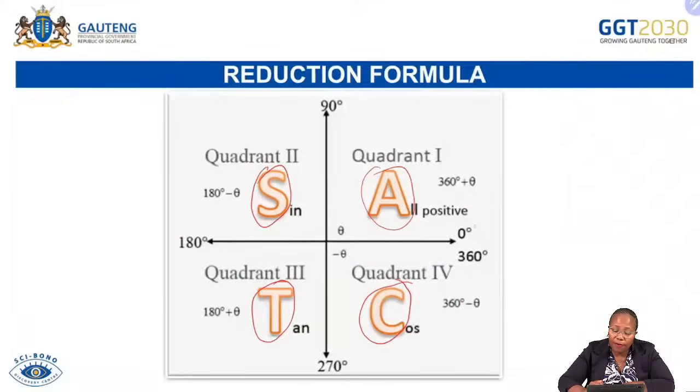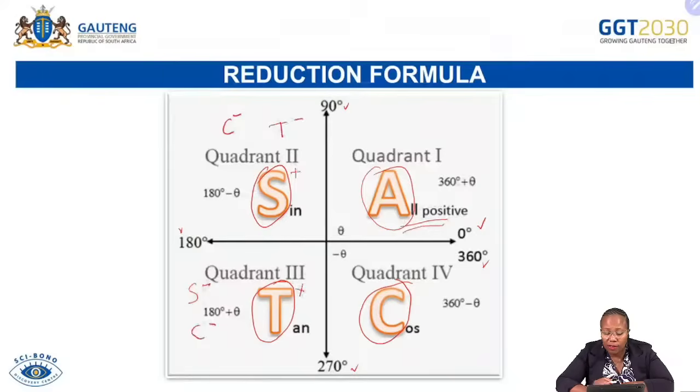Remember, we are revolving anti-clockwise, starting from 0, 90, 180, 270 and 360 back there. In quadrant 1, all your ratios are positive. In quadrant 2, it's only sine that is positive. That means cos is negative and tangent is negative in that quadrant. In quadrant 3, only tan is positive. That means sine is negative and cos is negative.